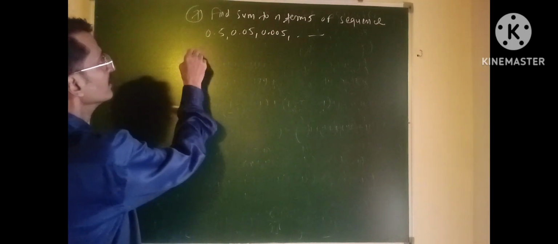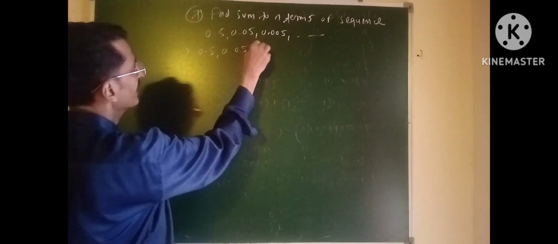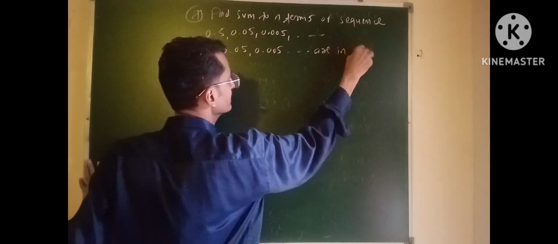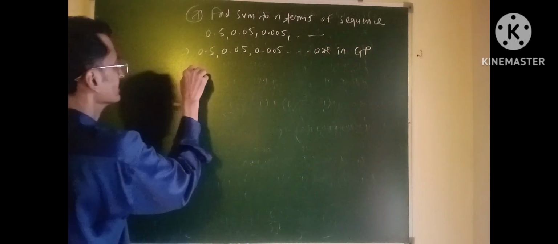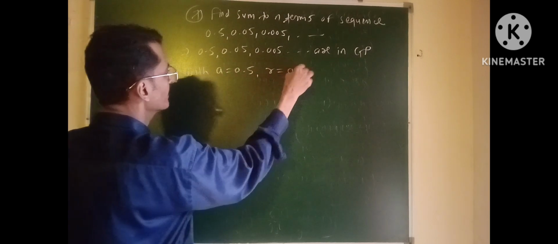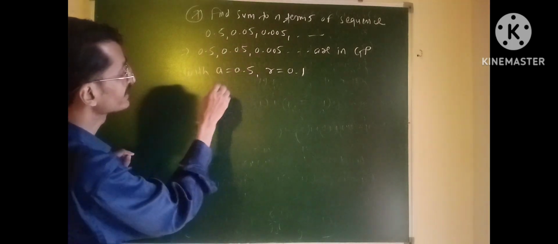So here you can write 0.5, 0.05, 0.005 are in GP with A equal to 0.5 and R equal to 0.1. This is less than 1. So the question is find the sum of n terms.